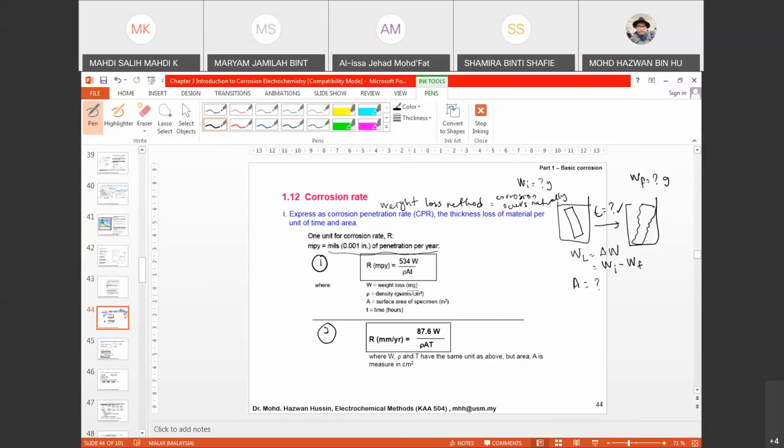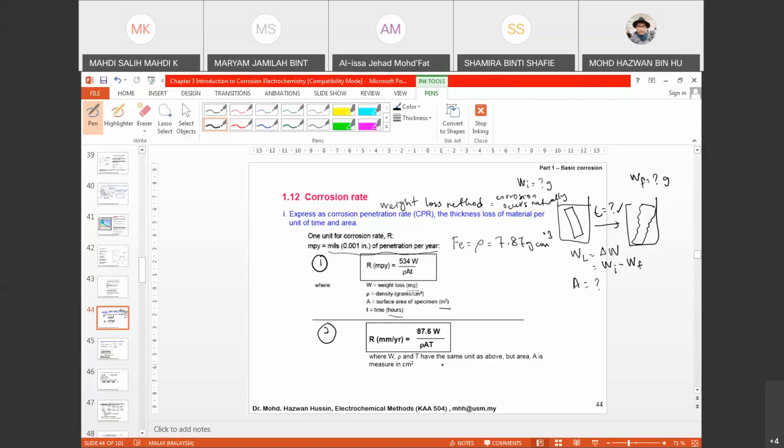Rho is the density of the metal. For iron, the density is 7.87 grams per centimeter cubed. Area for the first formula is in inch squared, and time will be in hours.